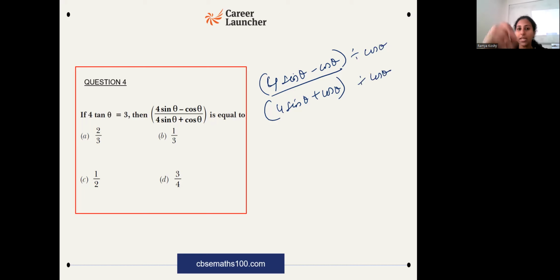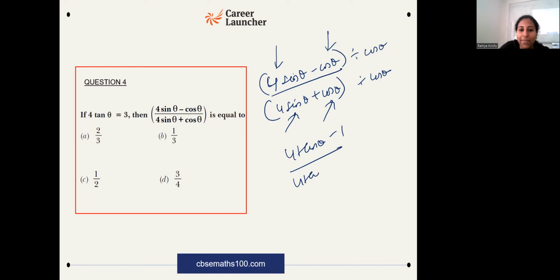This will become 4 tan theta minus 1 by 4 tan theta plus 1. I already know 4 tan theta is 3. So I'll do 3 minus 1 by 3 plus 1, which is 2 by 4 or half.